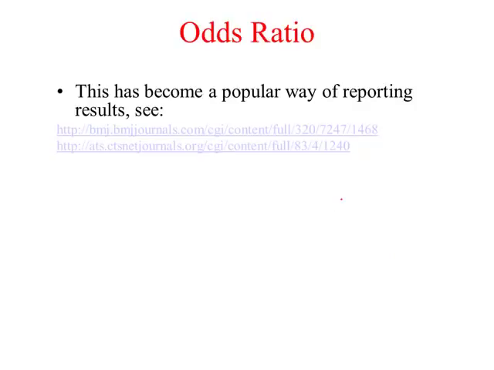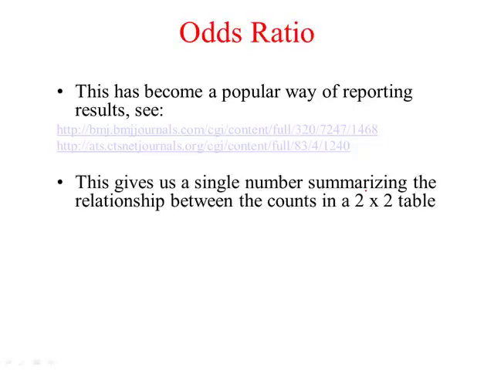Now the odds ratio is something that's gaining in popularity, because it's a way of boiling down your analysis to one number to make sense of it. So this gives us a single number that summarizes the relationship between counts in a 2 by 2 table. This wouldn't work if we were using wine, beer, and alcohol, because that would be a 3 level. But if we're just using the example we looked at, men and women versus alcoholic versus non-alcoholic, then we can calculate the odds ratio.